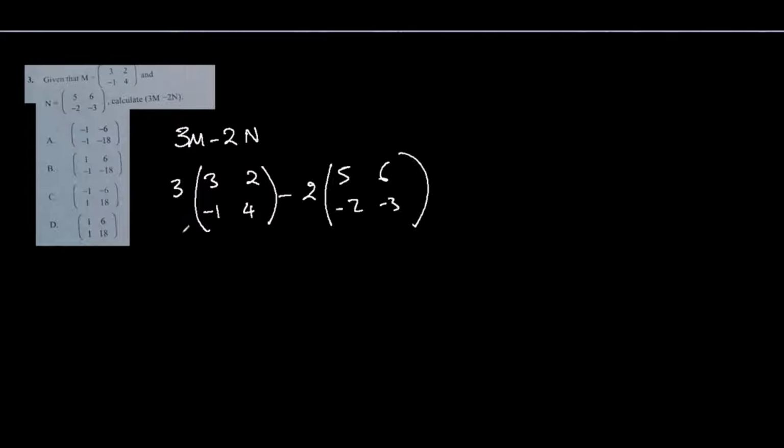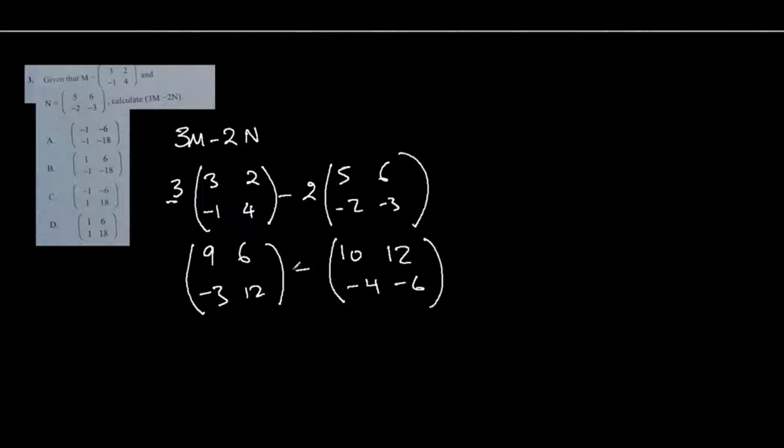So when we multiply 3 with the whole of the matrix, it will become 9, 6, minus 3, 12, and minus, let's bring only 2 inside. So it will become 10, 12, minus 4, and minus 6.